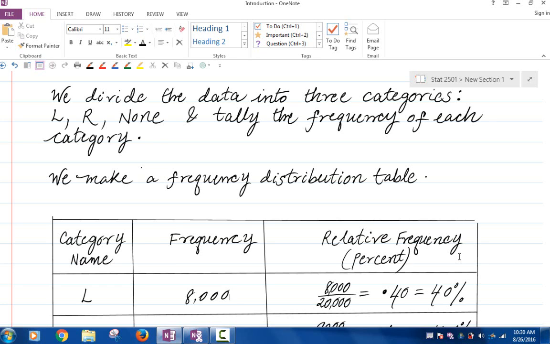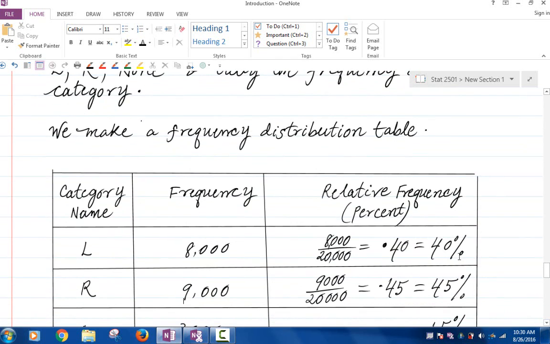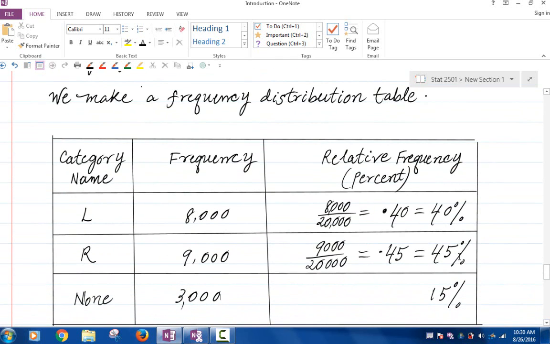Is everybody okay so far? What I'm saying is that you follow some sort of process to collect the preferences of 20,000 people, and you then organize the data in a table like this. You have the category name and the frequency.